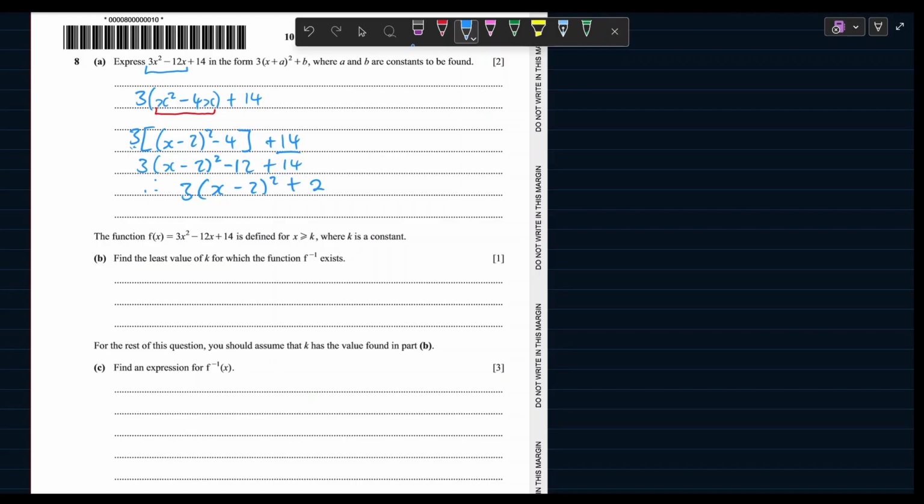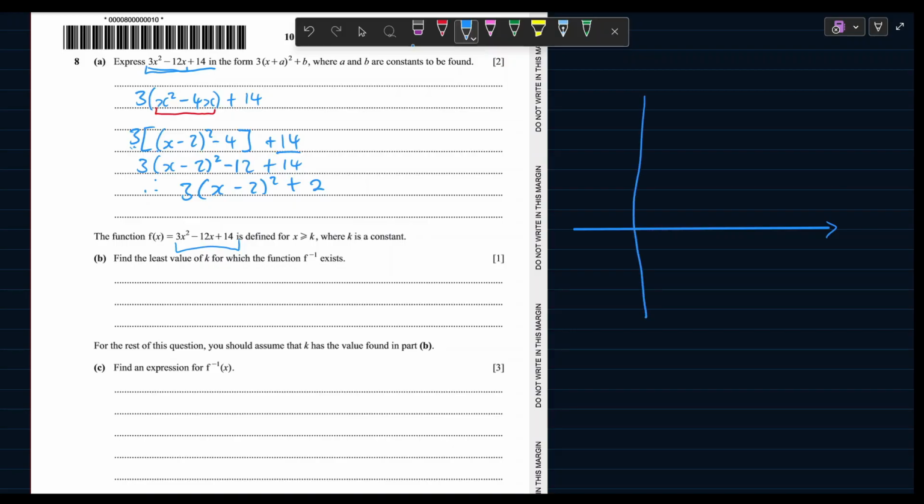The function f of x is 3x squared minus 12x plus 14, defined for x greater than or equal to k, where k is a constant. Find the least value of k for which the function has an inverse. Alright, so let me just sketch out on a diagram what we're looking at.